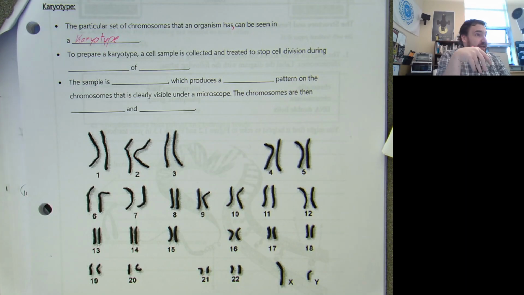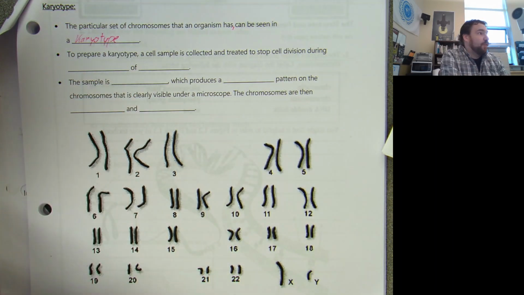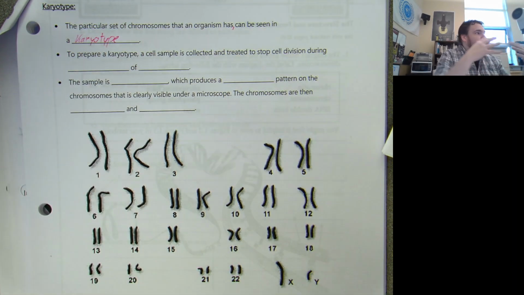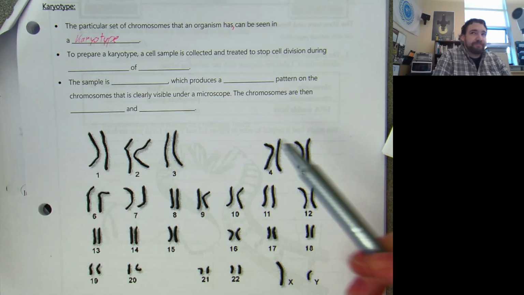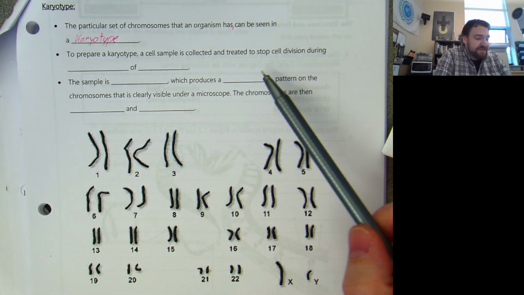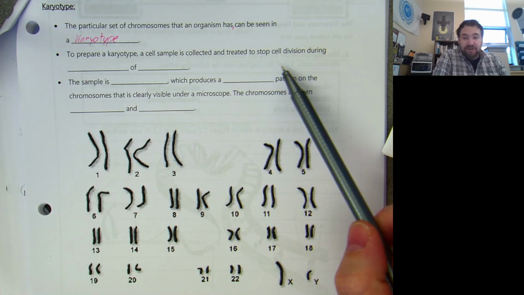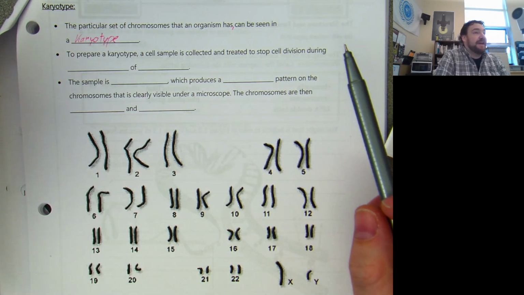To prepare a karyotype, a cell sample is collected and treated to stop cell division. So you just take any one of your cells that divides. Your upper skin layer wouldn't, but I think it's like the third or fourth layer down in your skin. That's where your skin is created and pushed towards the top. We take one of those cells, treat it to stop cell division during a particular phase.